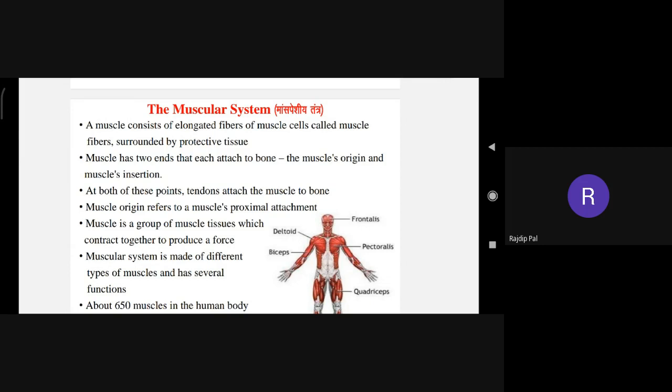Everything we will see. When we contract our muscle, we produce a force. Or when muscle is contracting on its own, then it also produces a force.